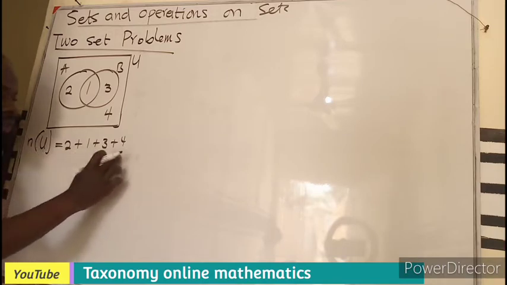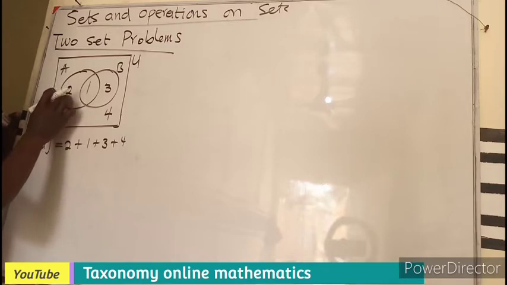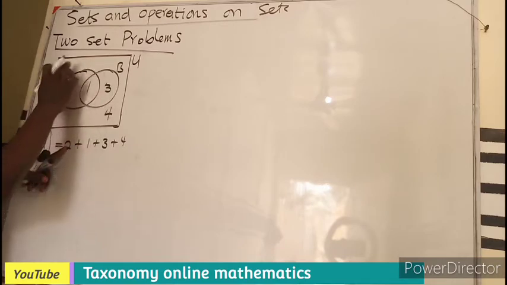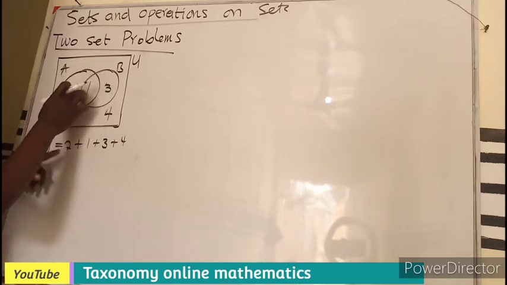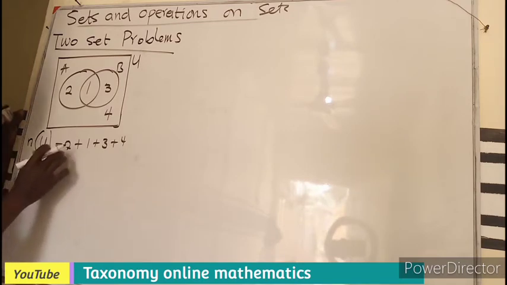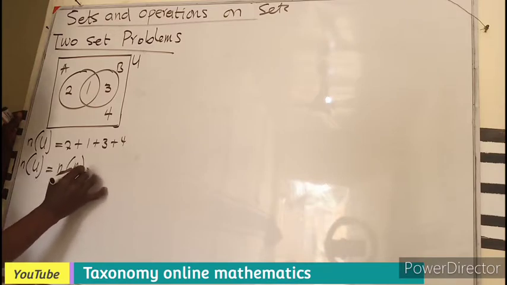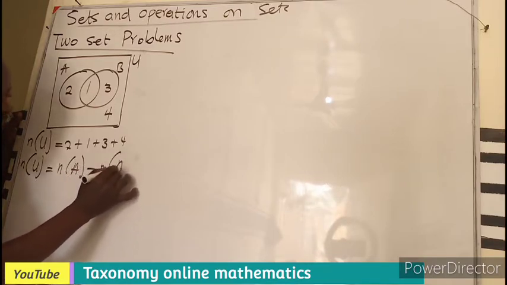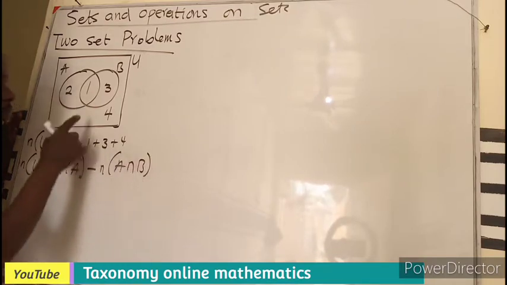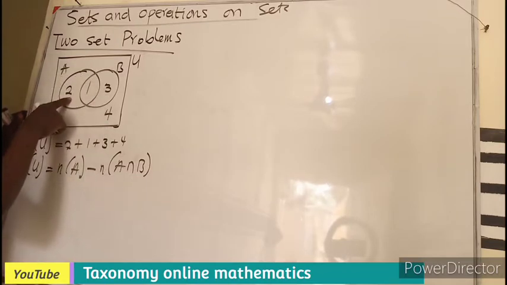Don't forget, this 1, 2, 3 is just a description. We can use the description of the set itself. Region 2 is the number of A minus the intersection. So the universal set equals region 2, which is n(A) minus n(A intersection B); if you take this portion away, you'll be left with this.